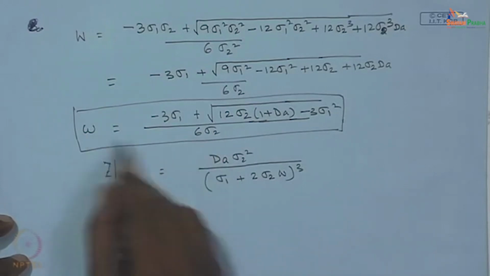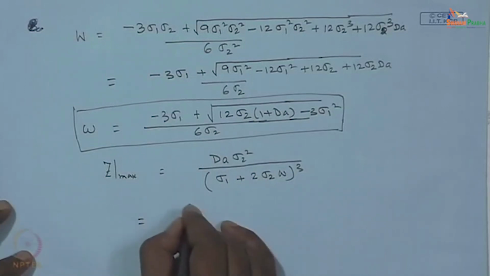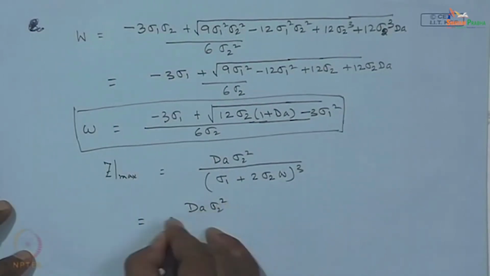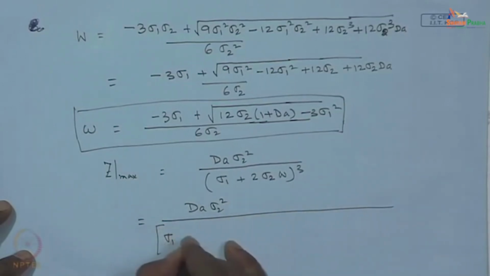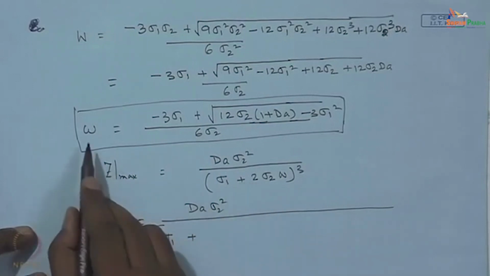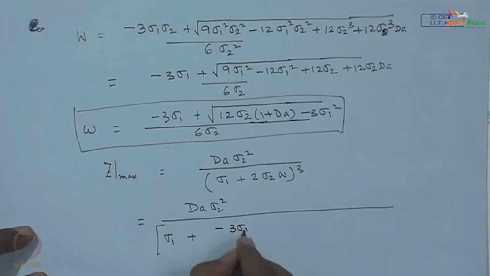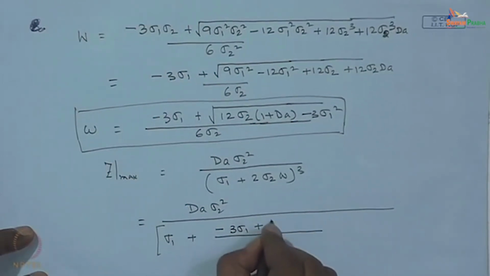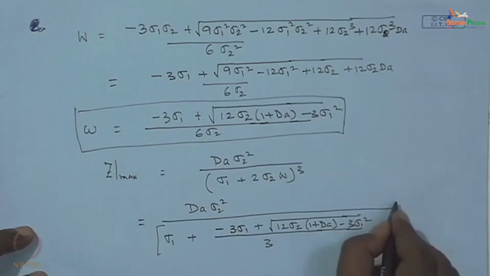Sigma 2 W is nothing but this thing divided by 3. So, you will be having dA sigma 2 square divided by sigma 1 plus 2 sigma 2 W, so it will be minus 3 sigma 1 plus root over 12 sigma 2 into 1 plus dA minus 3 sigma 1 square.